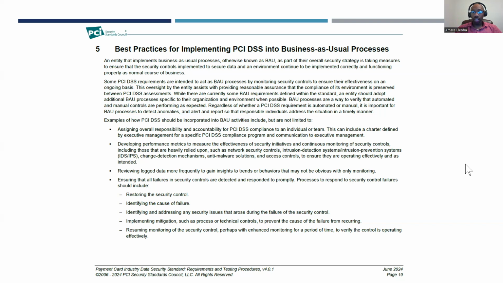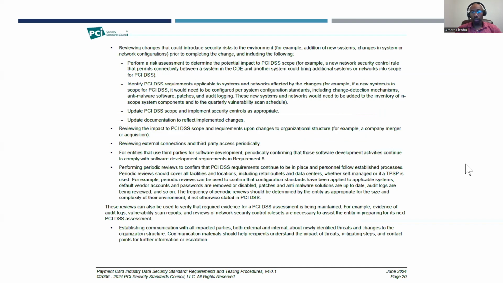You have to identify the root cause of the failure, and identify and address any security issues that arose during the failure of that control. Then you need to implement some sort of mitigation to prevent this from recurring. Then, when resuming the monitoring of the controls, you need to verify that it is operating properly. So these are some of the best practices that you can have.